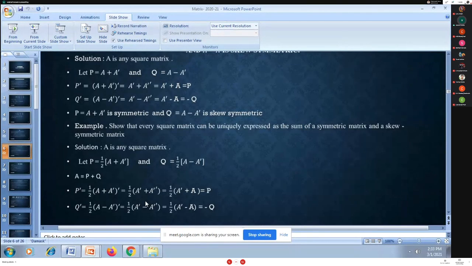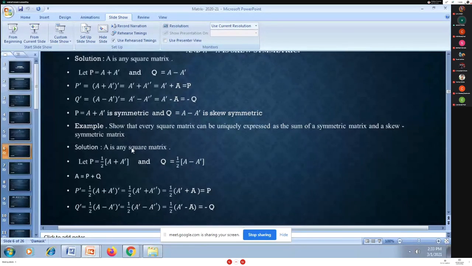Okay. So we started with matrices. We introduced complex matrix, and further Hermitian, skew Hermitian, unitary and orthogonal matrices. Yes, we went through those definitions.